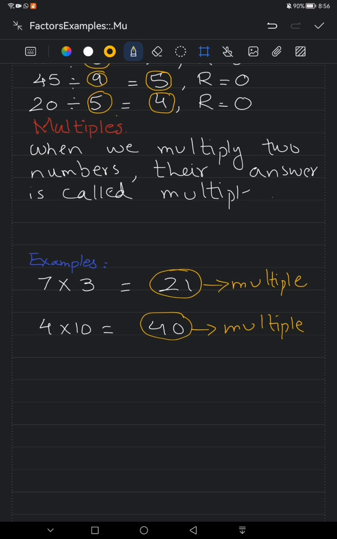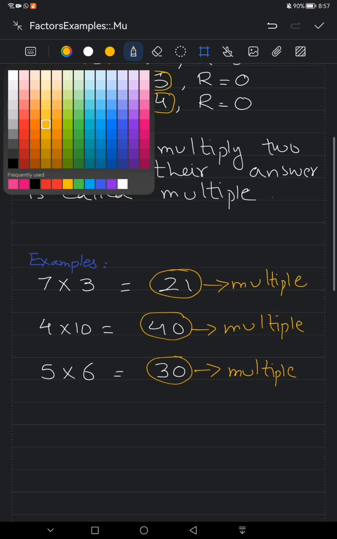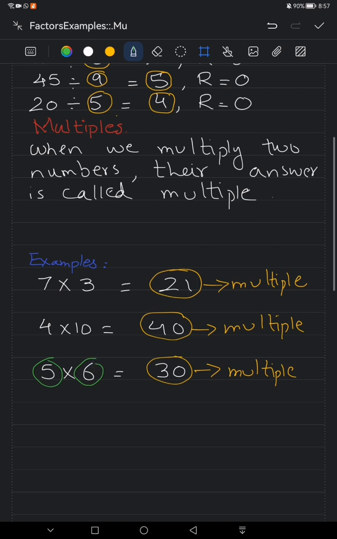So from concluding all this, what we can say is that when you multiply two numbers like 5 and 6, the answer we get is 30. So 30 is the multiple, and 5 and 6 both are factors of 30.